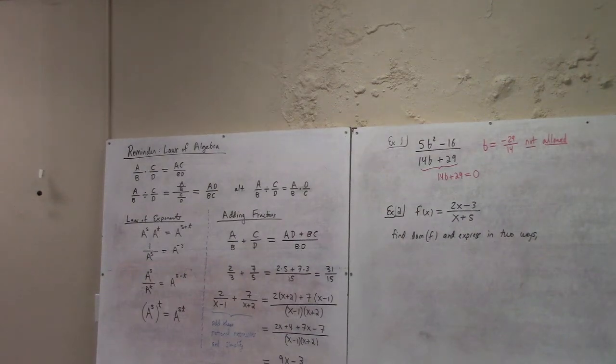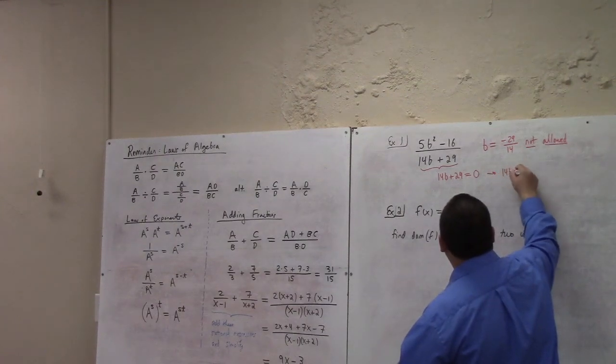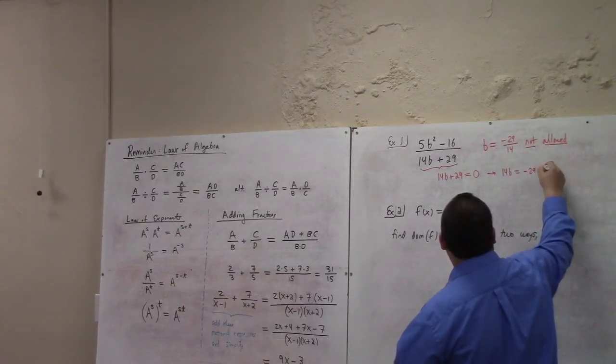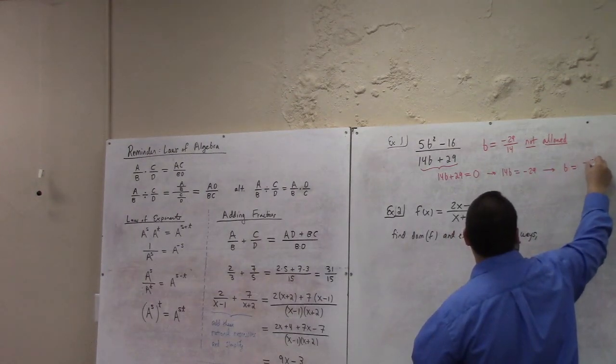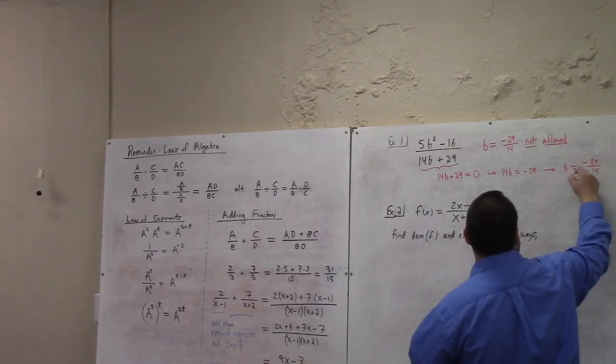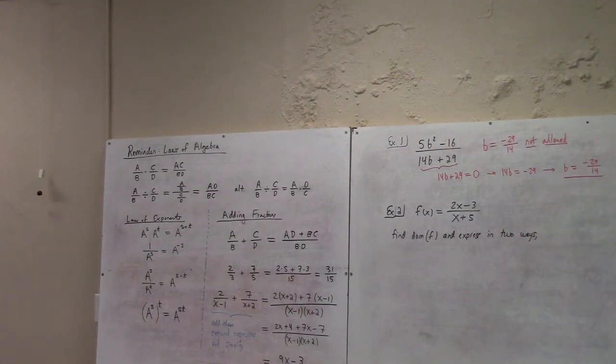If we have that, then we have division by 0, so the expression is not defined. So we get 14b equals minus 29, and then we divide by 14 to get b equals minus 29 over 14. So that's why Maya told me that.